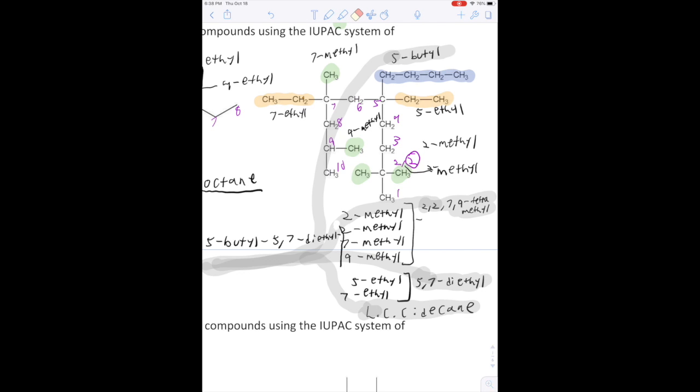In this case, I'll just erase these so I could give myself a bit more wiggle room. Dash tetramethyl decane. That's the name of this molecule.